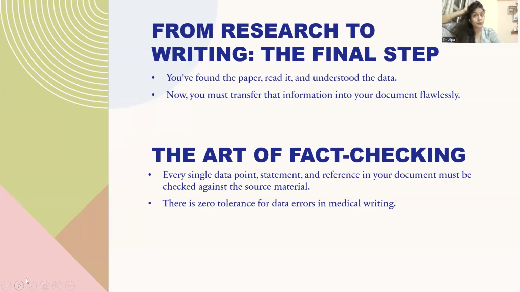So you have to ensure that every single data point or statement or reference in your document must be checked against the source material. Whatever is already referenced there, please go ahead and check it, because this is the era of AI, and AI is too good at hallucinating the references. So please make it a habit of validating, of verifying every single reference which is mentioned there.